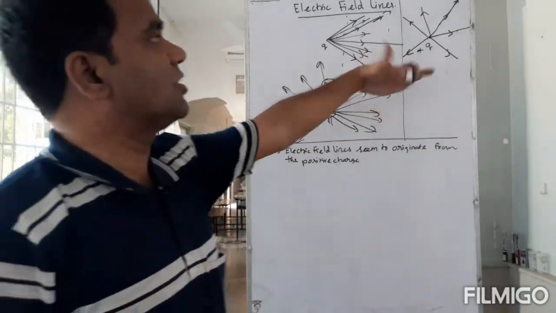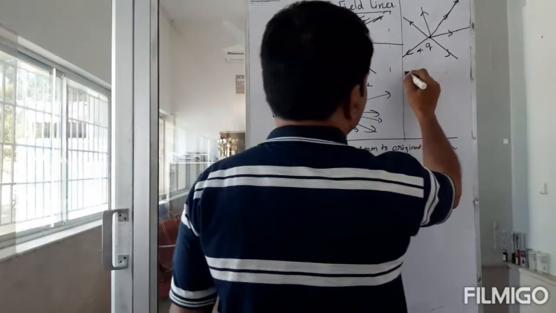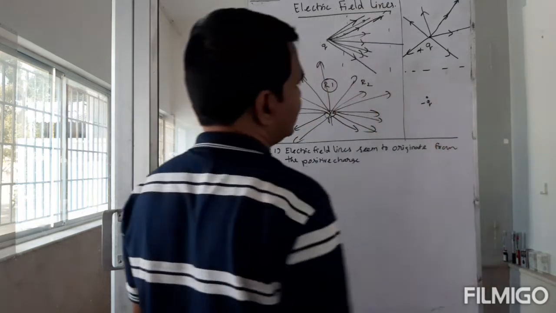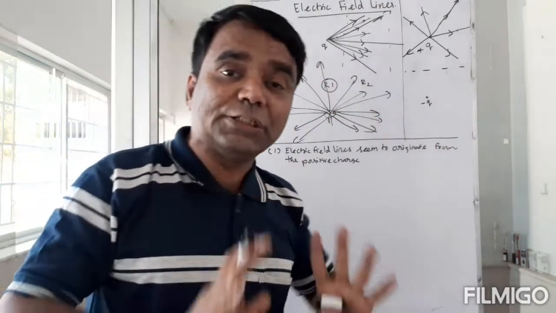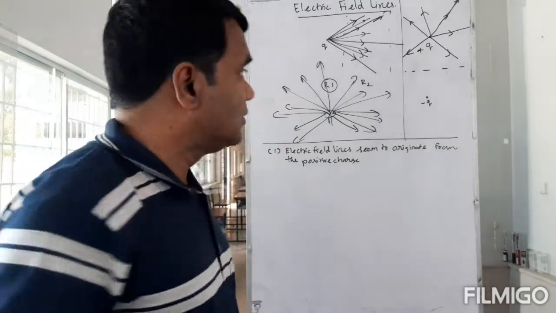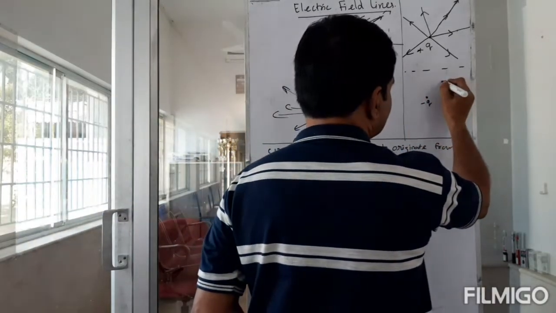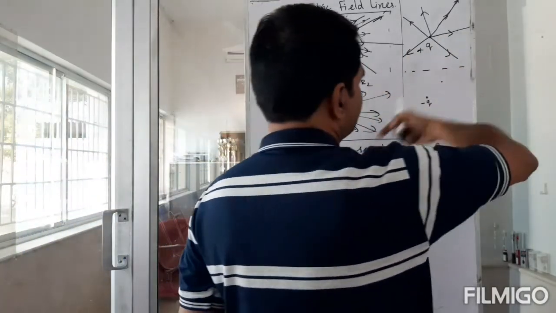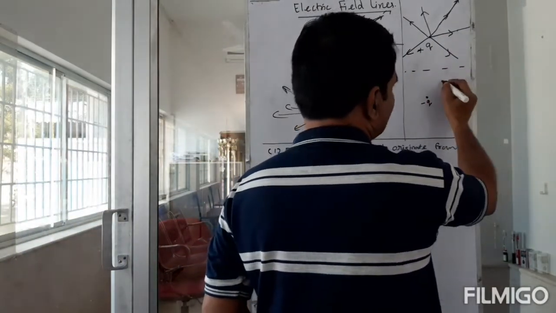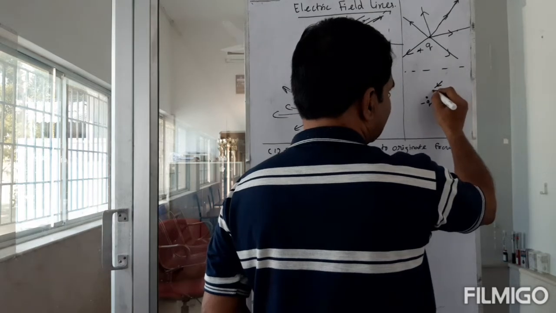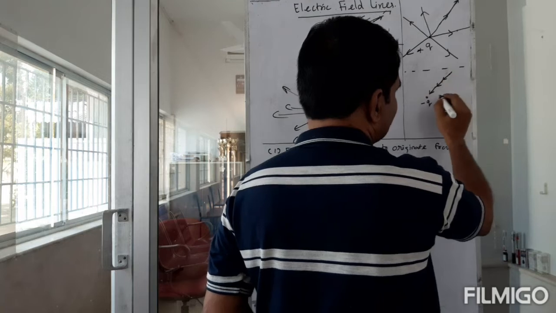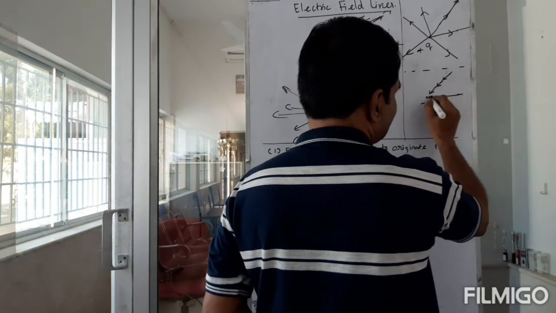Suppose this charge is negative, minus q. Let's see what happens. I'm going to bring a unit positive test charge again. When I bring it here, what happens? It will get attracted towards the charge. If you bring it here, it will be like this.